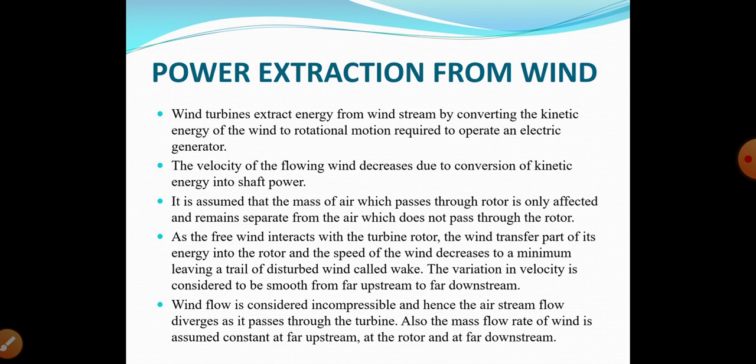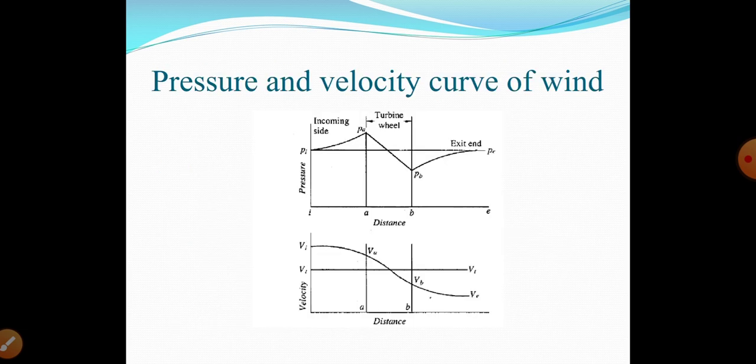The trail of disturbed wind leaving the rotor is called the wake. The variation in wind velocity is considered smooth from upstream to downstream, and it regains its value to reach the atmospheric level.